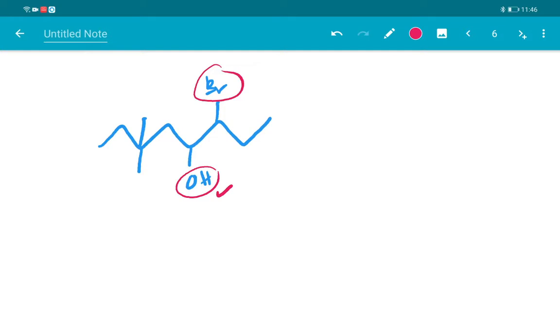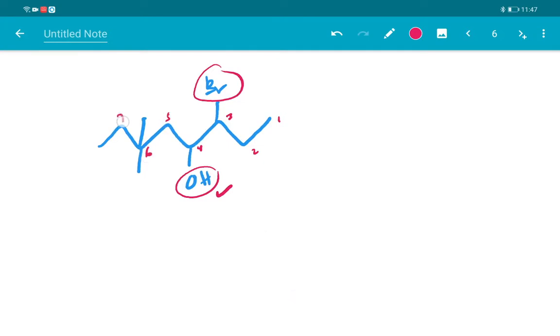Okay, if we start from the left, the position of the alcohol will be located at the 5th carbon. Kalau kita bermula daripada kanan pula, alkohol ini akan terletak pada karbon nombor 4. Jadi, from here, we're going to choose the numbering starting from the right.